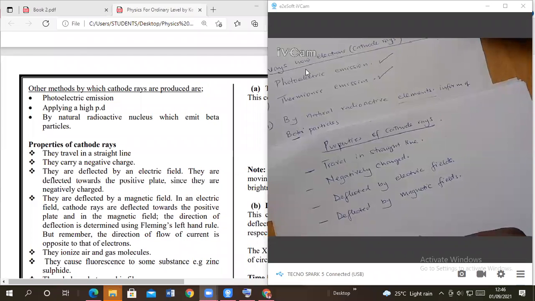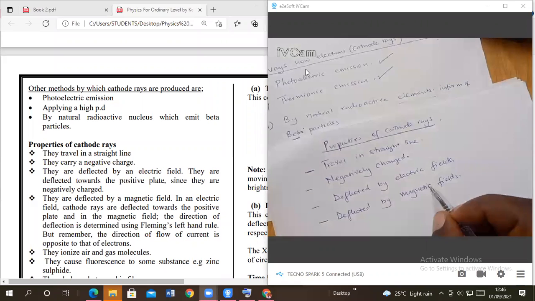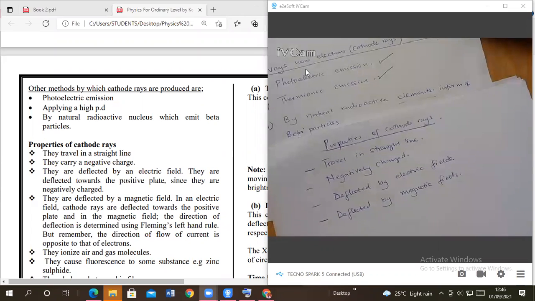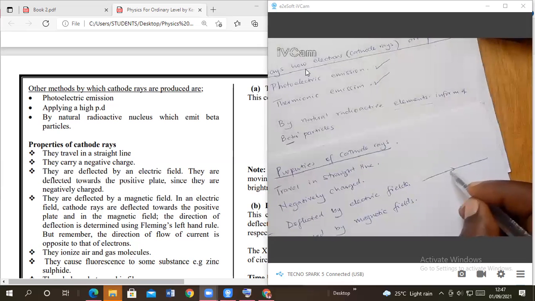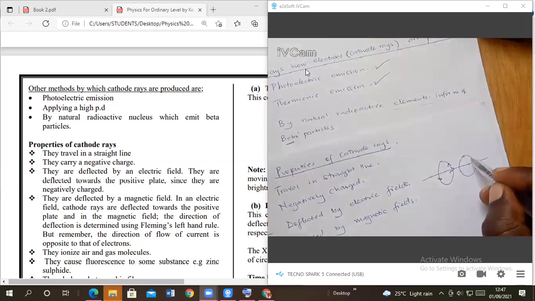Good. And electric fields, do you know electric fields? Do you know electricity? If you know electricity, there are also what we call electric fields. You cannot see them, just like magnetic fields. Whenever a wire has current passing through it, there will be electric fields circulating around that wire.